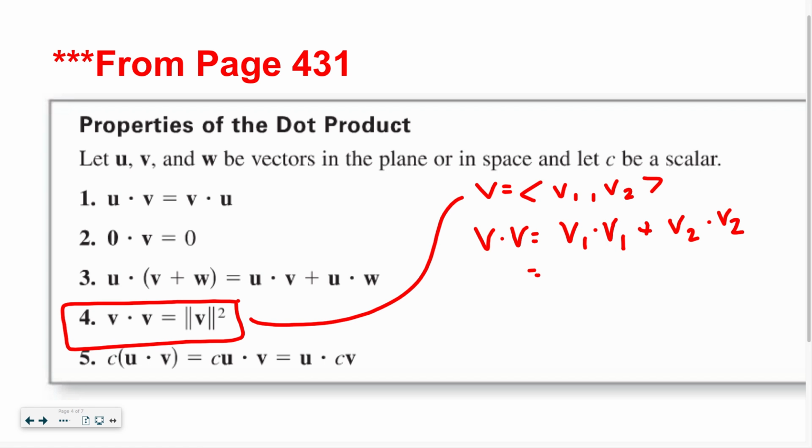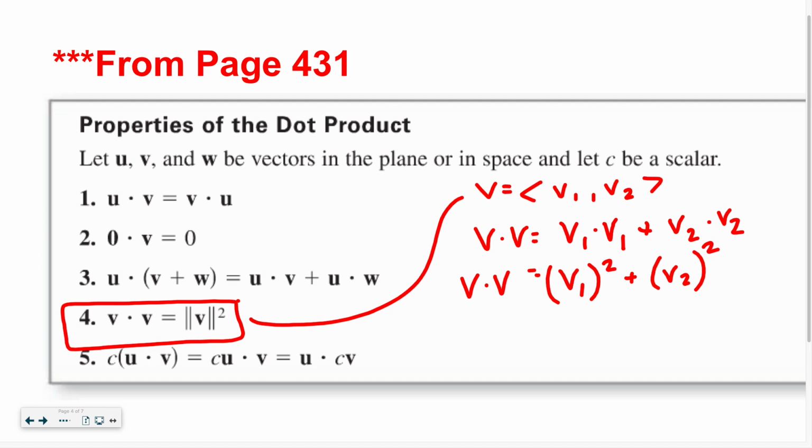If you do v sub 1 times v sub 1, we could really write that as v sub 1 squared, and we could write this one as v sub 2 squared. Okay, so that's our dot product. Well, this v sub 1 squared plus v sub 2 squared should seem vaguely familiar to you.